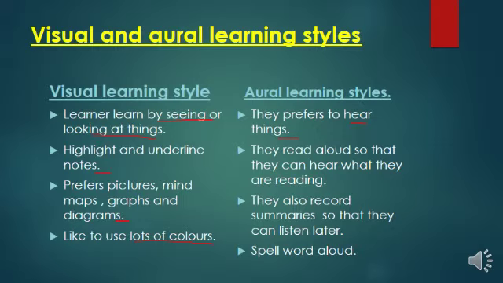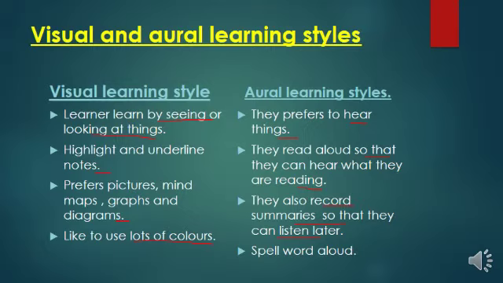They read aloud so that they can hear what they are reading. So when they read, maybe it's a book, a novel, a story, or a drama, you read aloud so that you can hear what you are reading, instead of reading silently. They also record summaries so that they can listen later. You read it aloud while you record it.